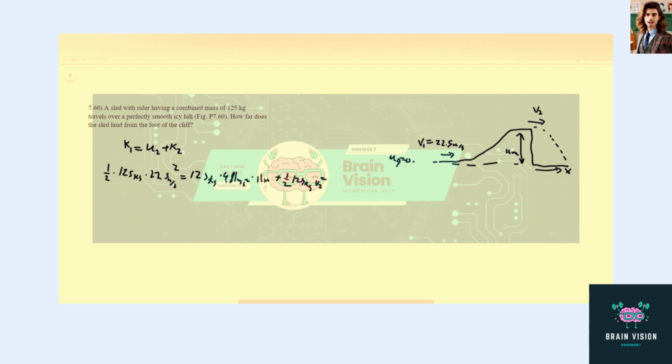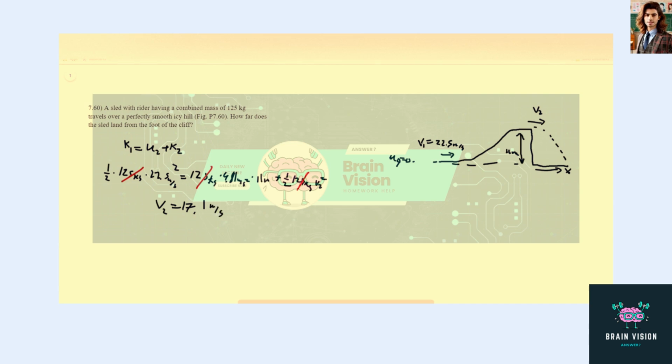Okay, so after that, we can find what v2 is. We can cross out the mass terms, and we can then whittle that down, and we can find what v2 is. V2 is going to be 17.1 meters per second.